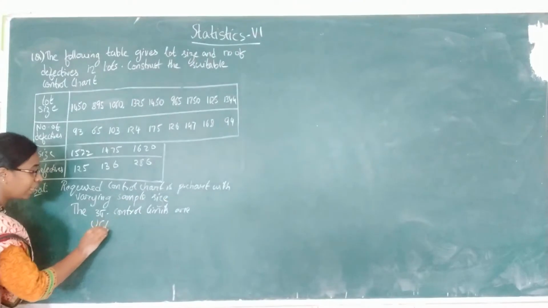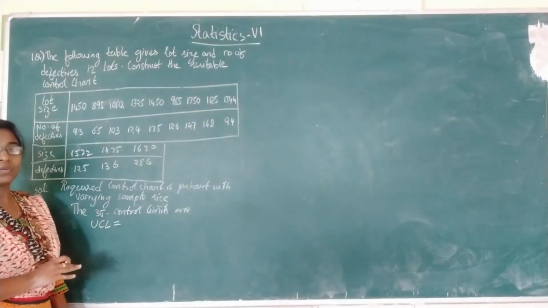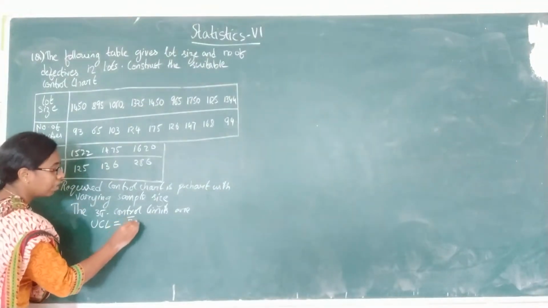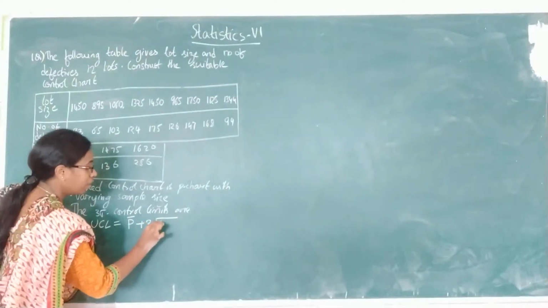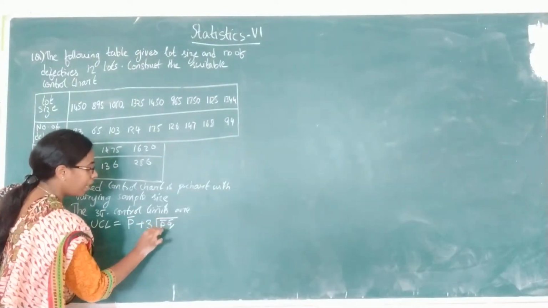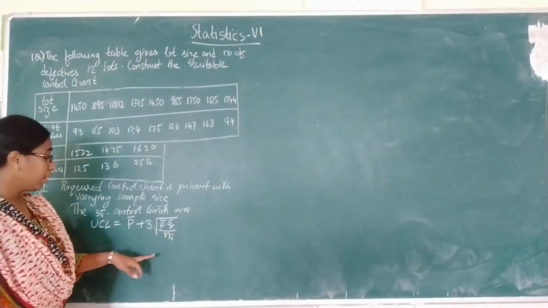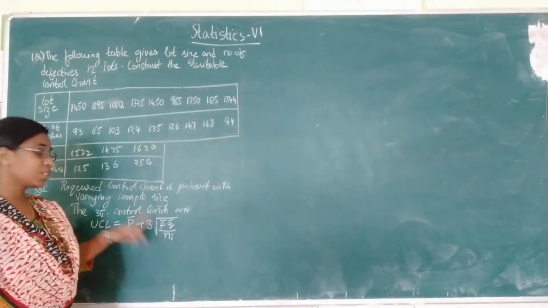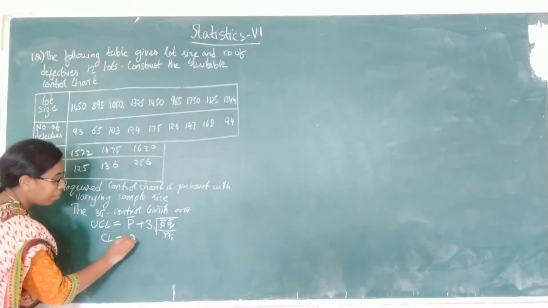First, UCL equals, since it is an unknown case, you have to use the second case control limits, that is P bar plus 3 into under root P bar Q bar by Ni. If it is only a P chart, you will write only n. Here it is varying sample size, so you write Ni. CL equals P bar itself.